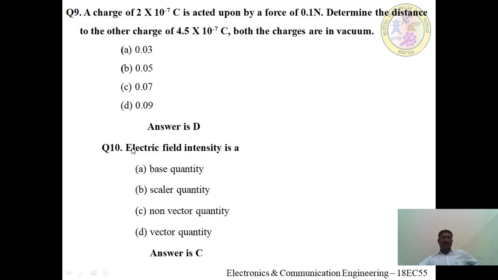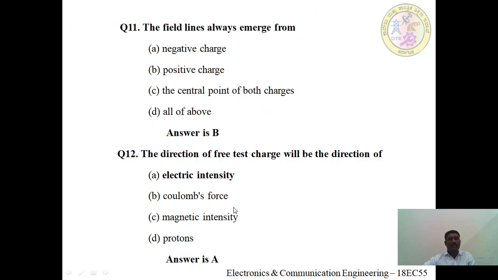One more question. Electric field intensity is a non-vector quantity. The field lines always emerge from the positive charge. The direction of a free test charge will be the direction of the electric field intensity.